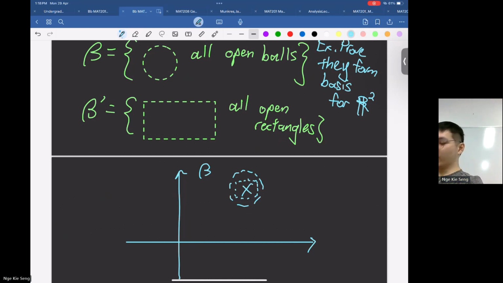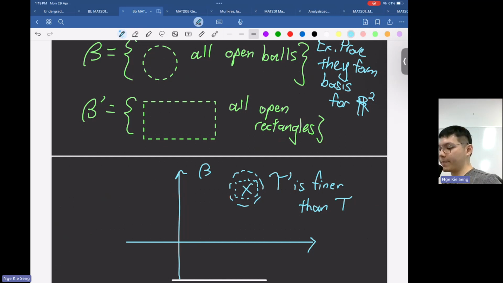Okay. So in this case here, which one is finer than which one? Here we will see that T prime is finer than T, where T prime is the topology generated by B prime and T is generated by B. Okay. On the other hand, you start with a point in X, and then you look at an open triangle that contains this point.